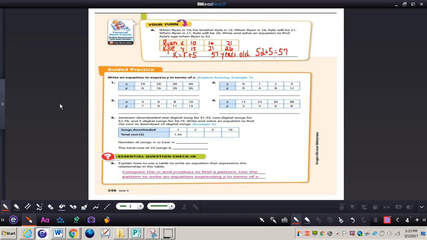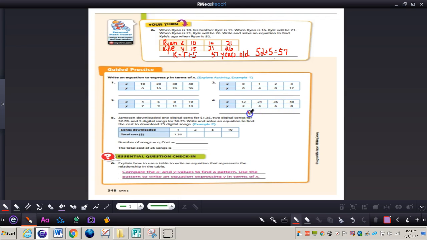Now let's take a look at number 4 together. It says write an equation to express y in terms of x. So we have not really done a division problem throughout the video. So we can see 12 divided by 6 gives us 2. 24 divided by 6 gives us 4. 36 divided by 6 gives us 6.